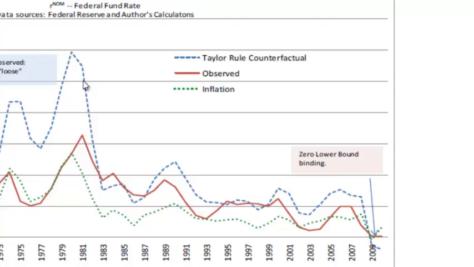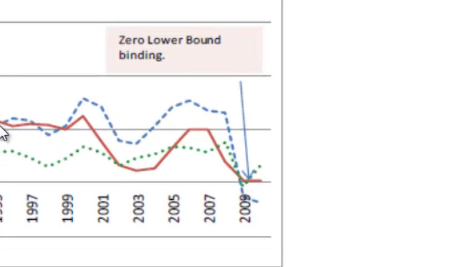So it turns out that, let's say during the high inflation 70s, the observed interest rate was substantially less than what the Taylor rule would have told us. So we can conclude that inflation was high during this period because monetary policy was loose. We can find other periods when monetary policy was loose, when the blue dashed line is above the red solid line, but we can also find some periods when monetary policy was tight, including during the recent financial crisis.